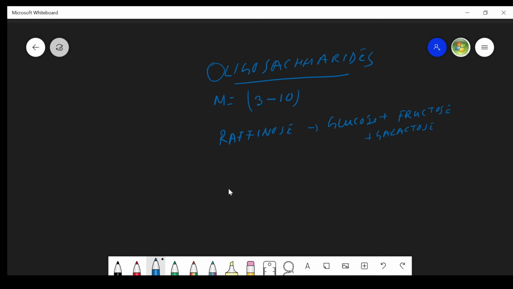Then we have stachyose. It is made up of glucose, then fructose, and 2 molecules of galactose.